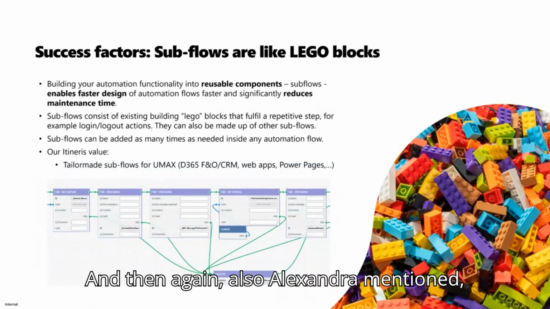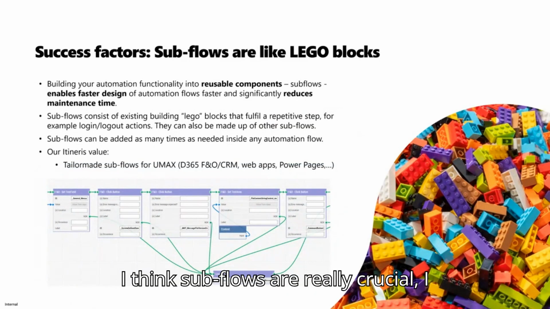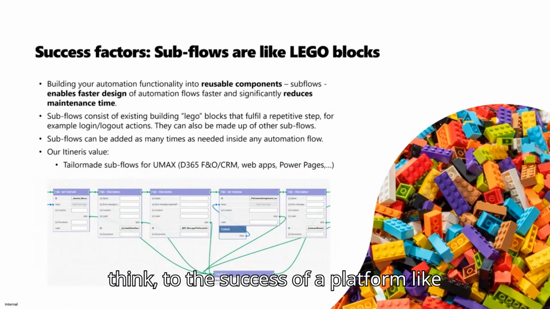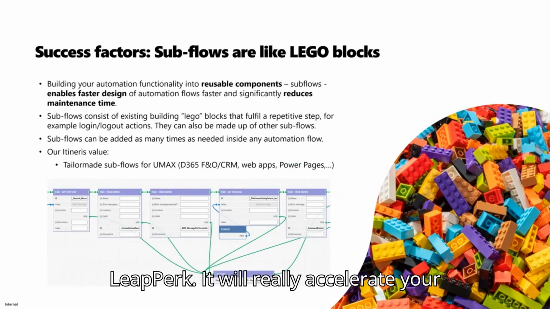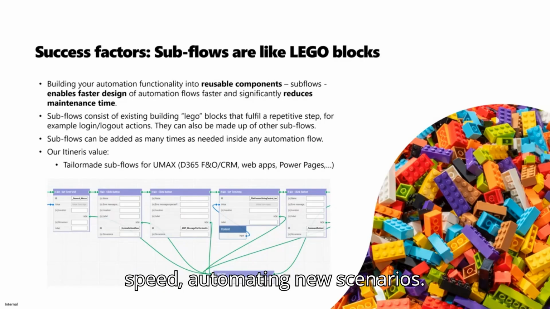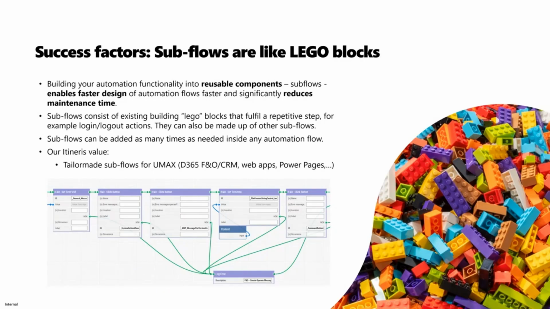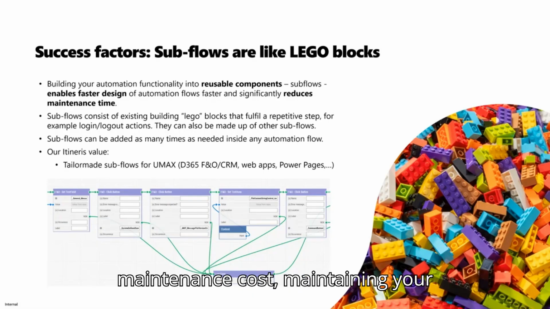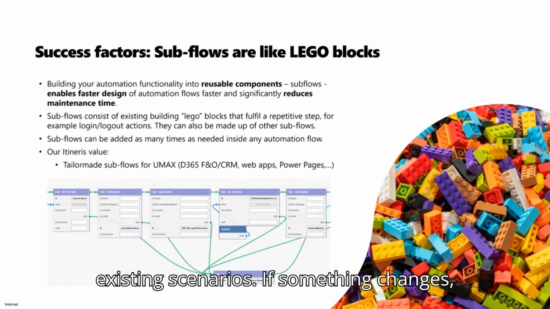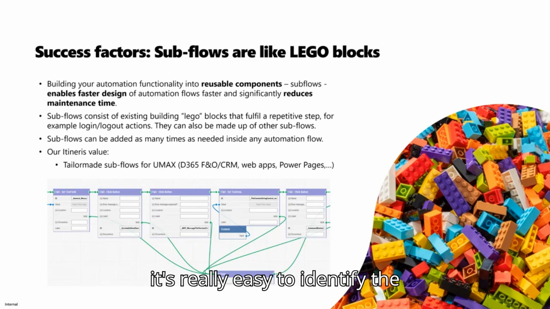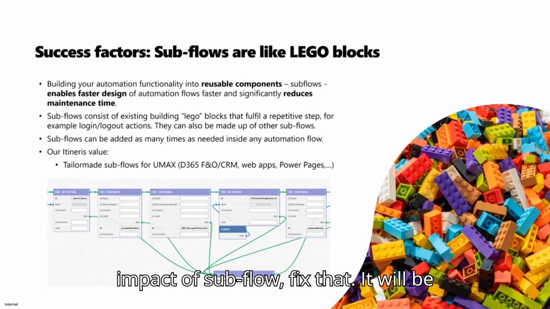And then again, as Alexandra also mentioned, I think subflows are really crucial to the success of a platform like Leapwork. It will really accelerate your speed in automating new scenarios, but it will also reduce the cost of maintaining your existing scenarios. If something changes, it's really easy to identify the impacted subflow and fix it.